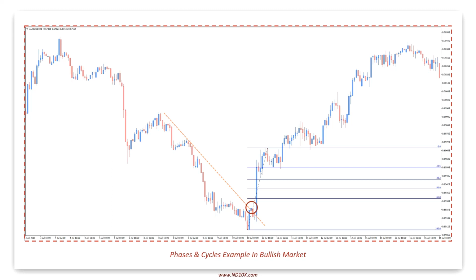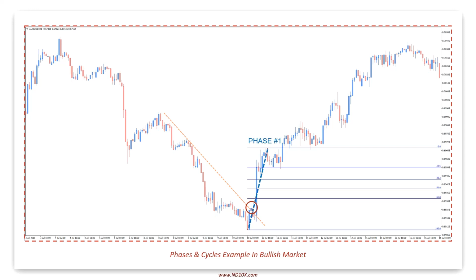So for the phase 2, I know that I need minimum 23.6%. So before we get that pullback of 23.6%, I would consider that we are only in the phase 1. But if we reach the 23.6%, I can say, okay, maybe we are in the phase 2.